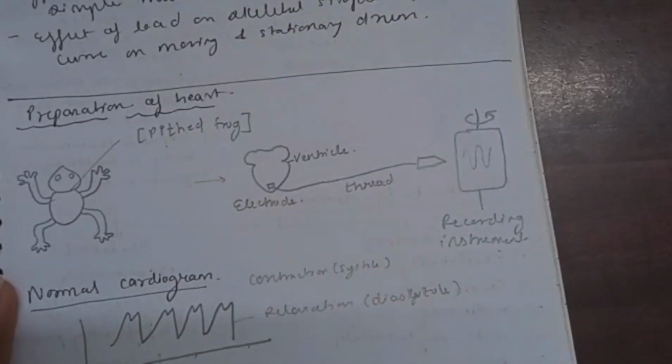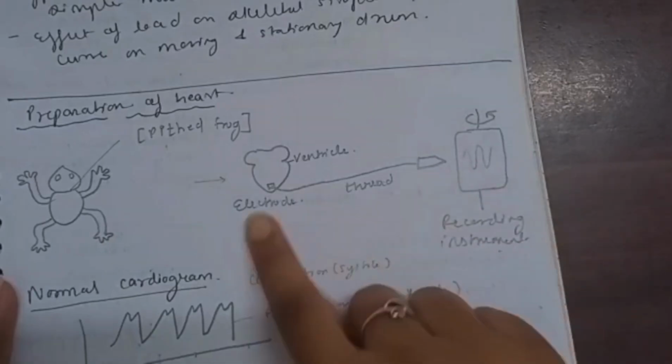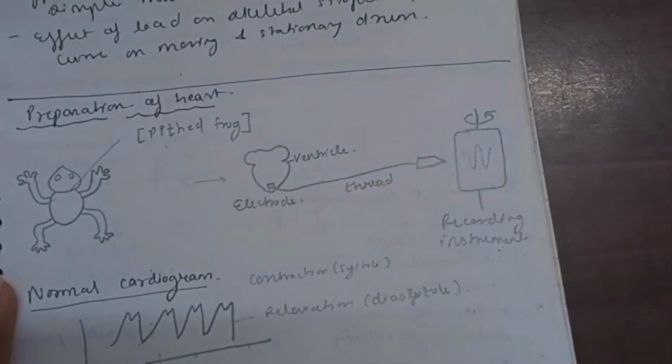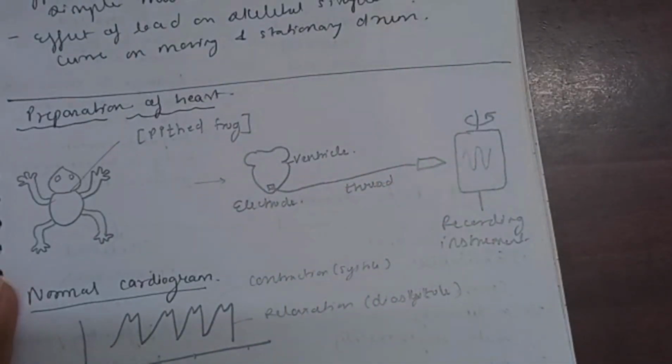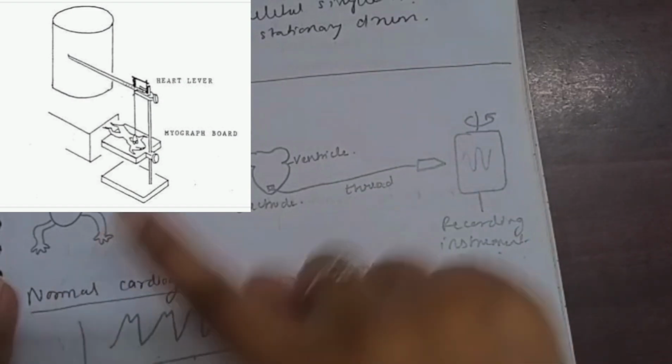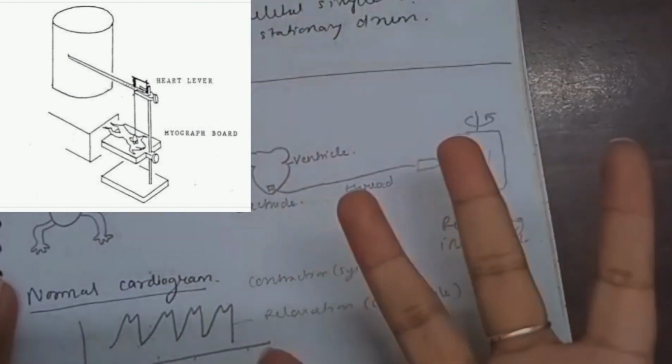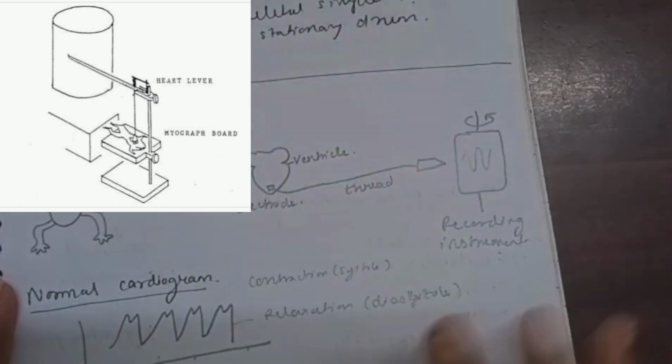Then this U-pin is attached to a very thin thread. This thin thread is further attached to a marker pen or a recording instrument, which can record the contraction and relaxation of the cardiac muscles.